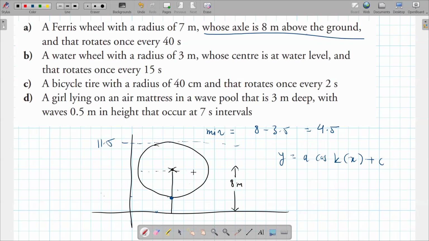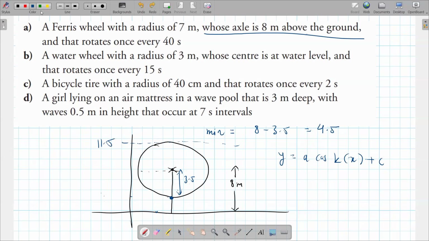So it makes sense intuitively. Look at this. This height is 8, and the radius of this wheel, this distance, is 3.5. So what is this distance? 8 minus 3.5. But doesn't it say the radius is 7?